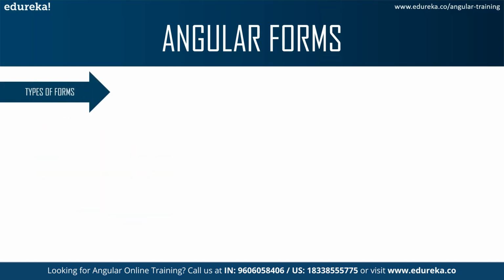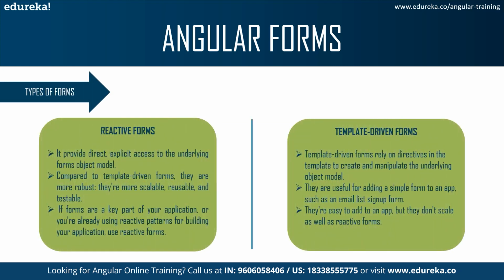Now let's see what types of forms we have in Angular. We have two types of forms mainly: reactive forms and template-driven forms. Basically, reactive forms is the more complex one, while template-driven forms is the most commonly used one, and it's pretty simple as well. Reactive forms provide direct and explicit access to your underlying form object model, while in template-driven forms, access is indirect and you have to create your template in order to manipulate your underlying object model.